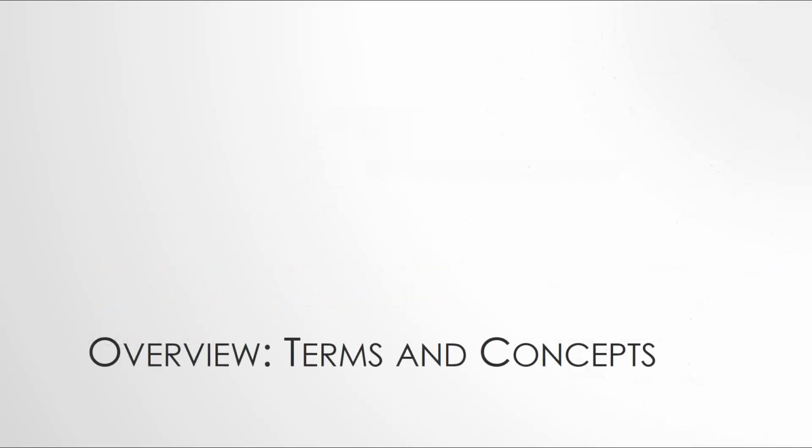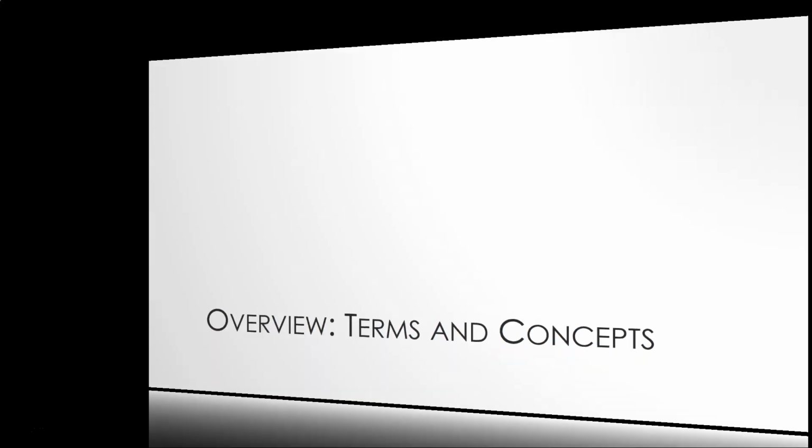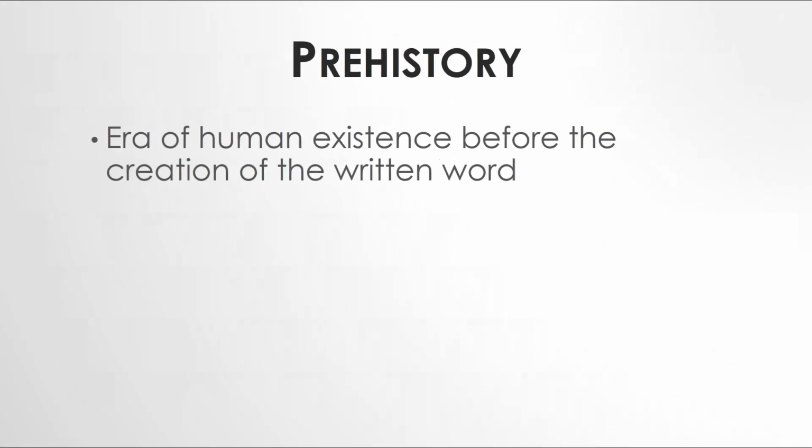Before we get into that, just some overview terms and concepts, history terms that you may or may not be familiar with. I just want to go over them. One, prehistory. What does that mean? You've heard the term prehistoric. It means the era of human existence, and even others before humans, before there was the written word, especially with humans.